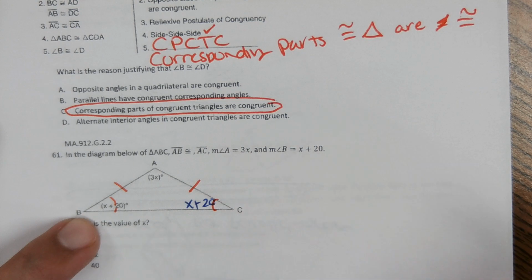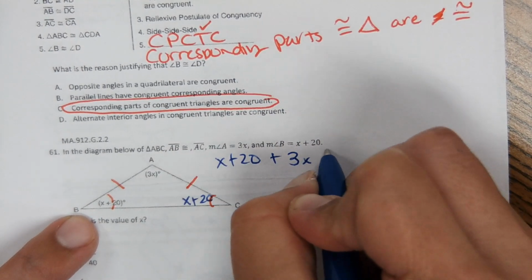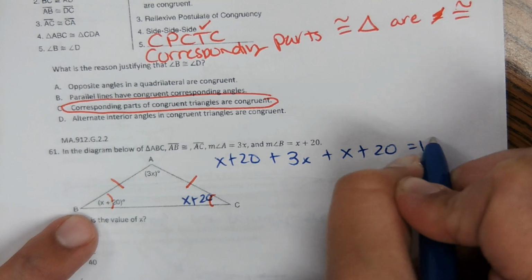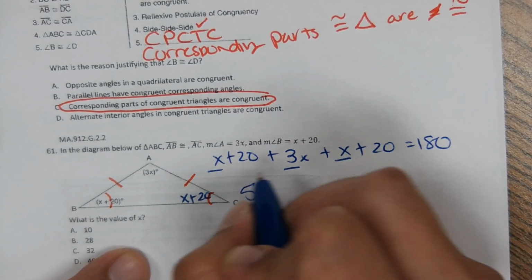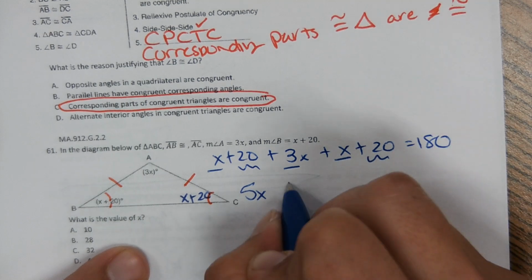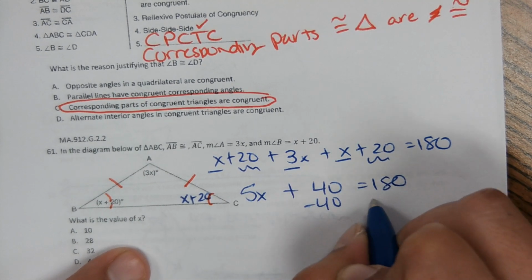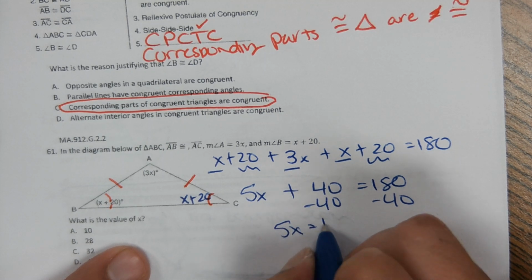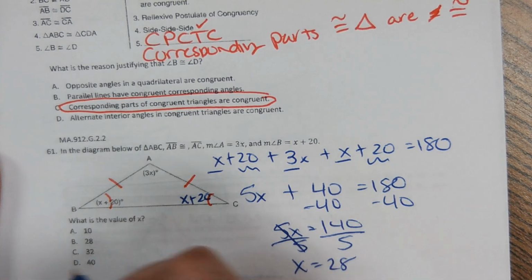And then these three angles add to 180. So x plus 20 plus 3x plus x plus 20 equals 180, and we can solve for x. Combine your like terms. X equals 28.